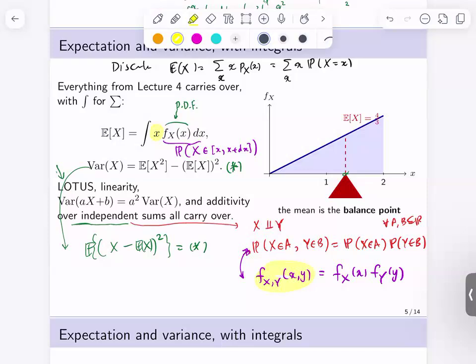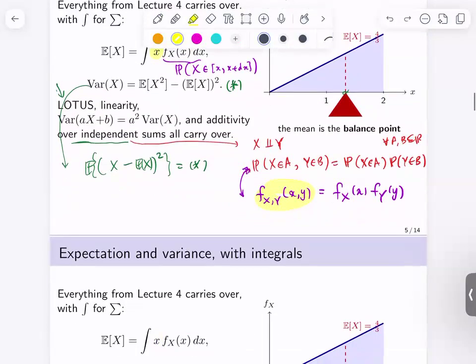It's really something that you integrate over R2 over a set, and it would give you this probability. But just keep in mind that there is an alternative version in terms of the joint PDF factorizing. Even if we don't know that, this is enough.